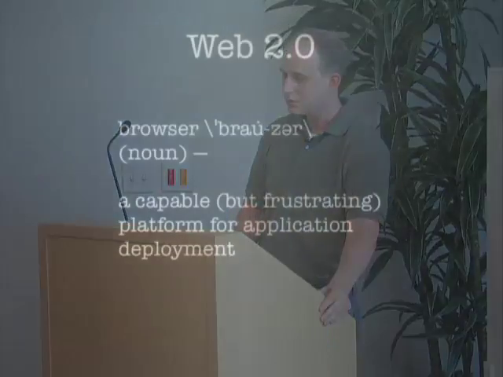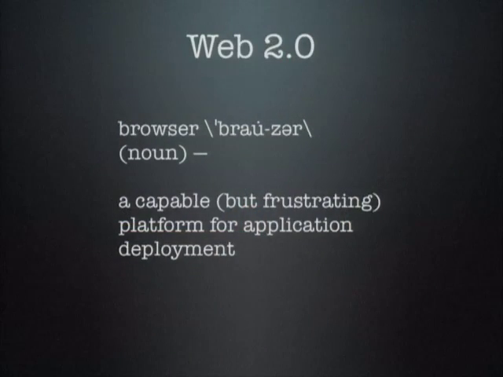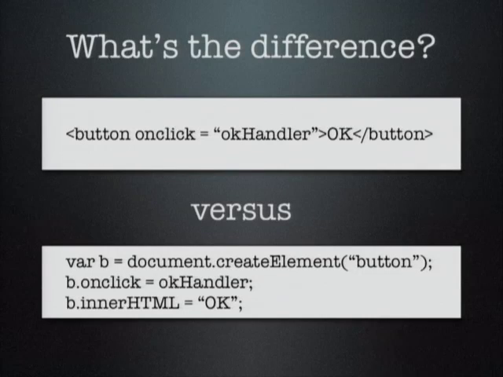Anyway, bad situation. OK. In the Web 2.0 world, the world of Ajax, we realize that the browser is a capable, albeit frustrating, platform for app development. In other words, there's plenty of firepower within the browser, but it is very hard to harness it. I don't think any of this is news to anybody. So in the Web 1.0 world, static HTML.